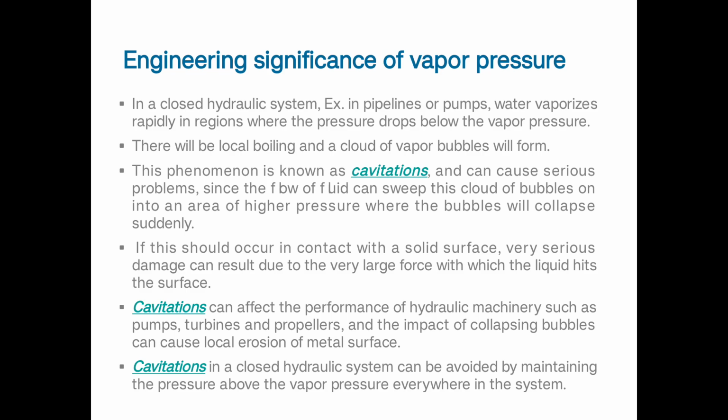It first creates a noise and makes a disturbance on the regular speed of rotation of either the propeller or the impeller and causes physical damage. We call it erosion, metallic erosion.